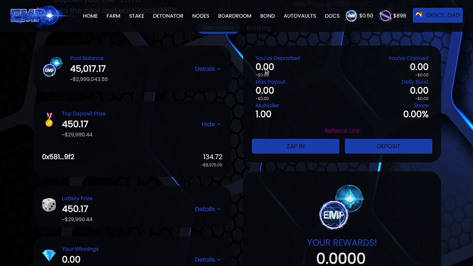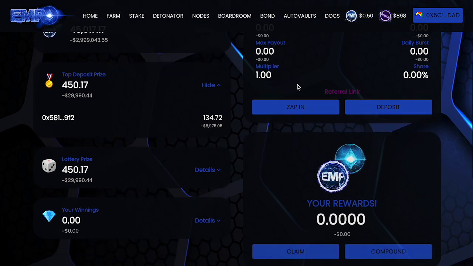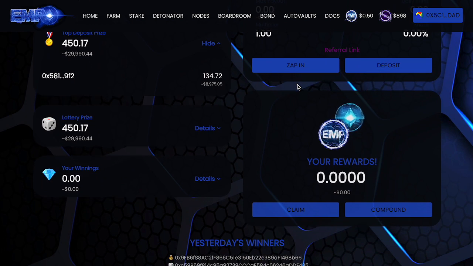So it'll show up here, and then the max payout will show that as well, because this max payout is simply 3.65 of whatever this is. So that's the way the system works: it shows up as a claim when you compound, but then it shows up as a new deposit that you're getting a new 365 on. So be aware of that when you do compounding.